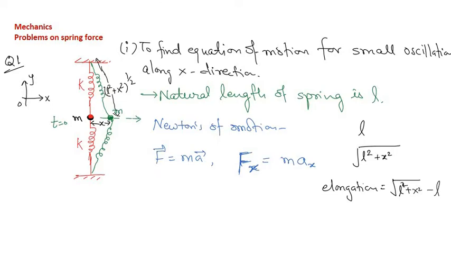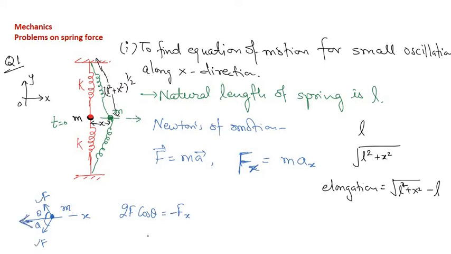While writing the spring force, I am drawing the free body diagram of that mass. This is mass M, and one force F is acting in this direction and one force F in this direction due to both the springs. Let us say this is the x direction and both angles are theta. From here you can write that 2F cos theta is the net force, because the net force of this and this acts in this direction.